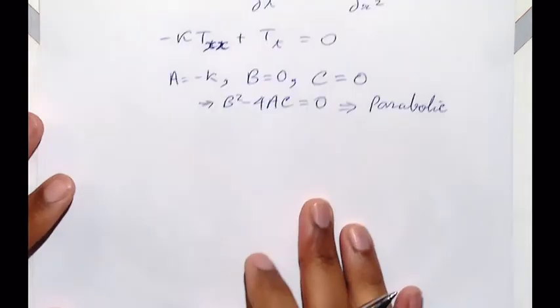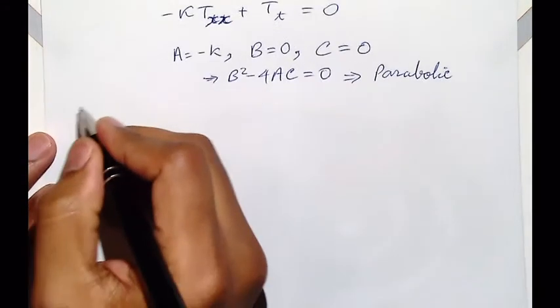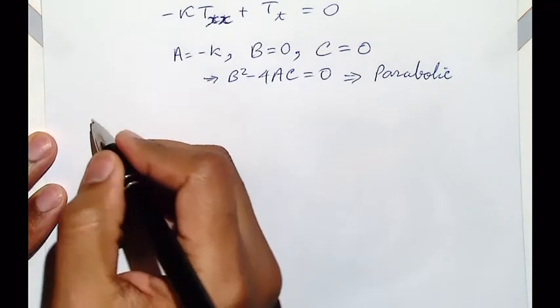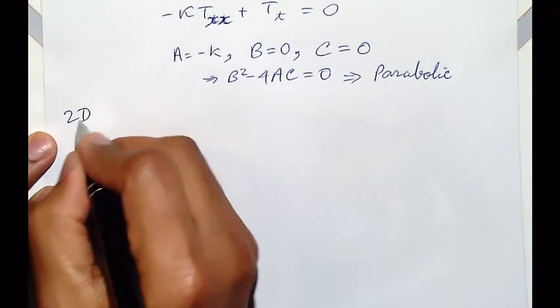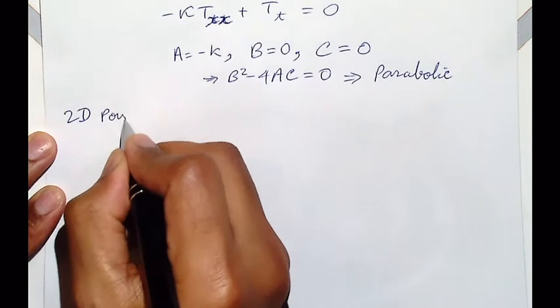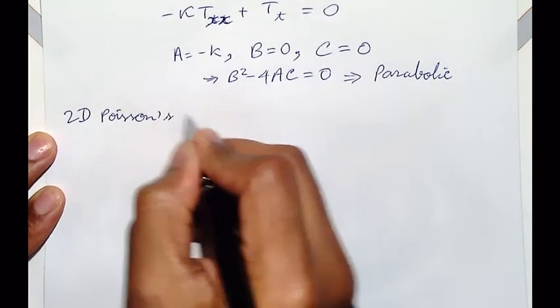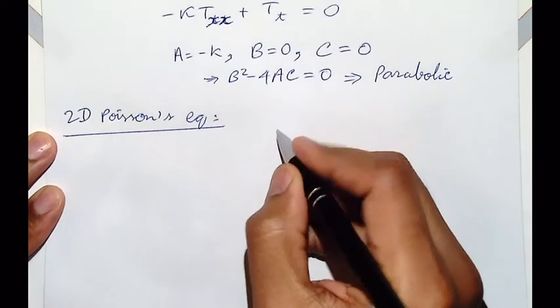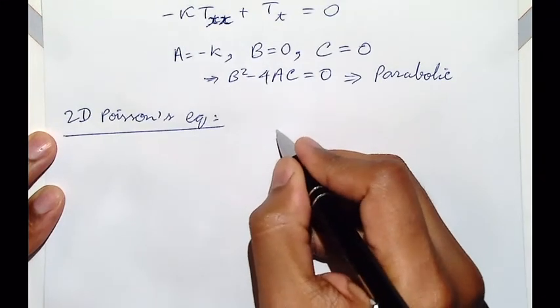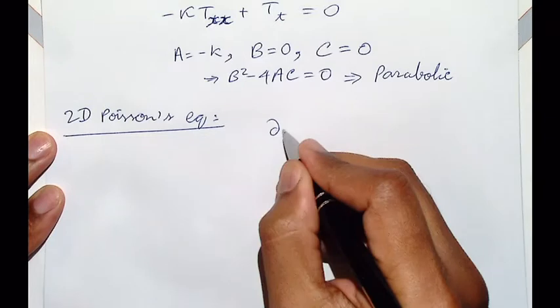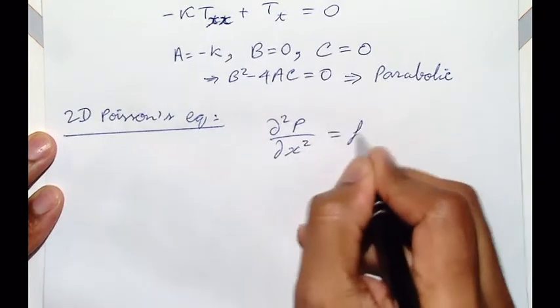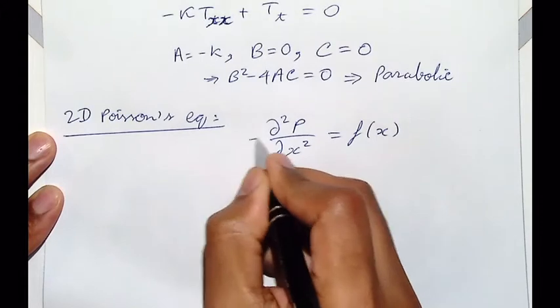So now we have an example for hyperbolic and parabolic, and if you look at the 2D Poisson's equation, let's take pressure: del 2 pressure over del x squared equal f of x, and there's a y also.